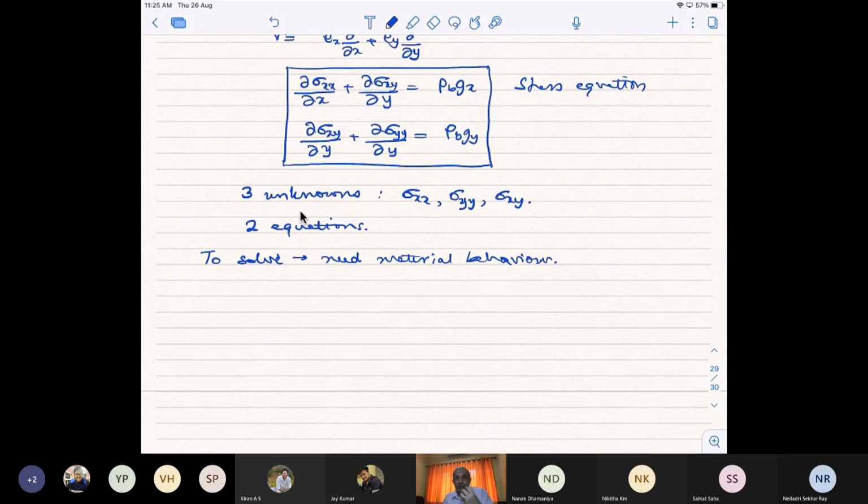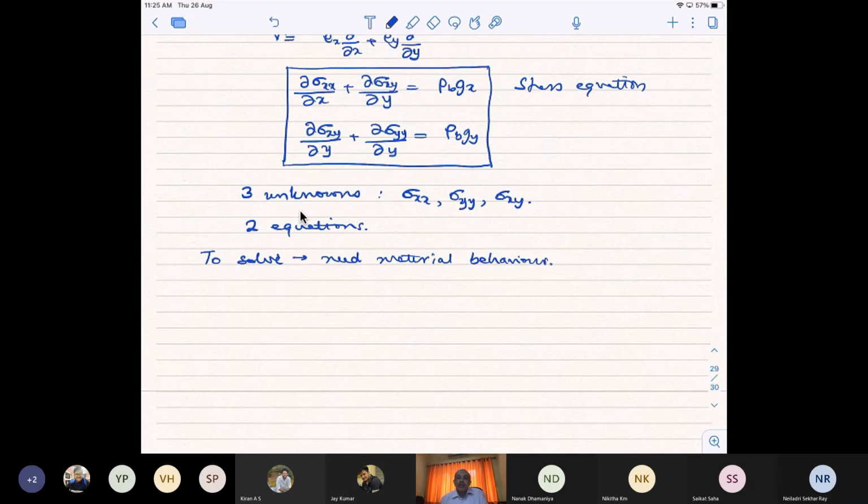So we have to put in something about the material, and only then can we solve it.